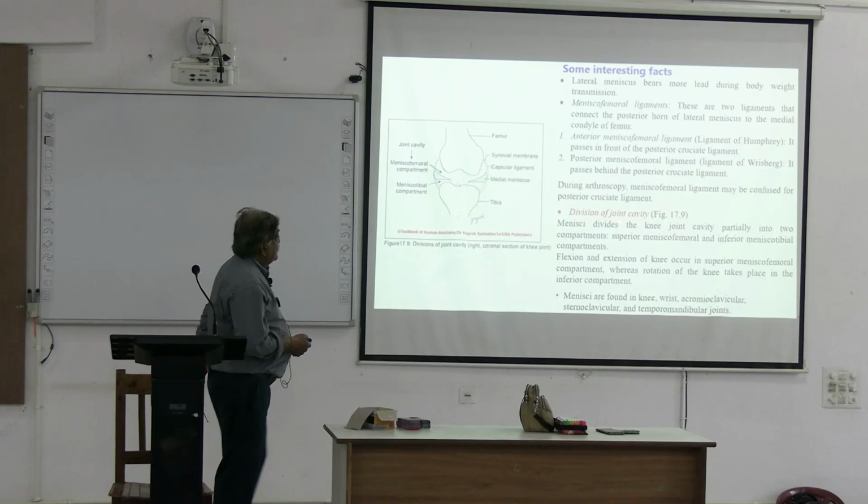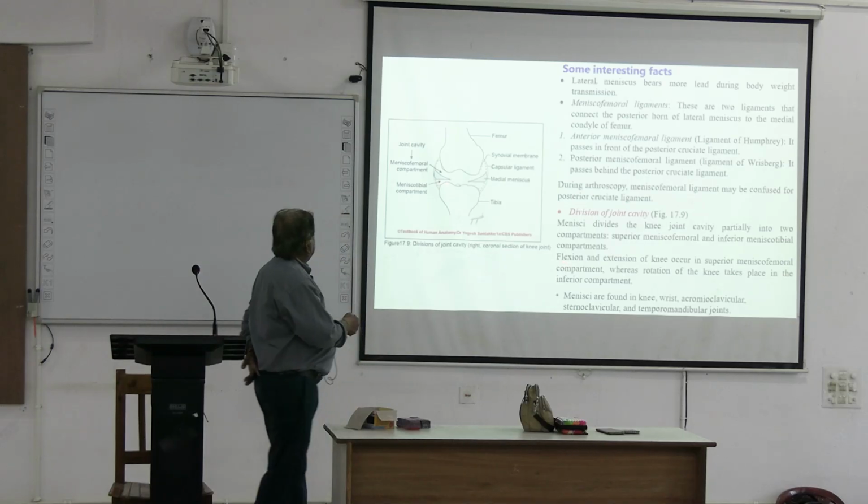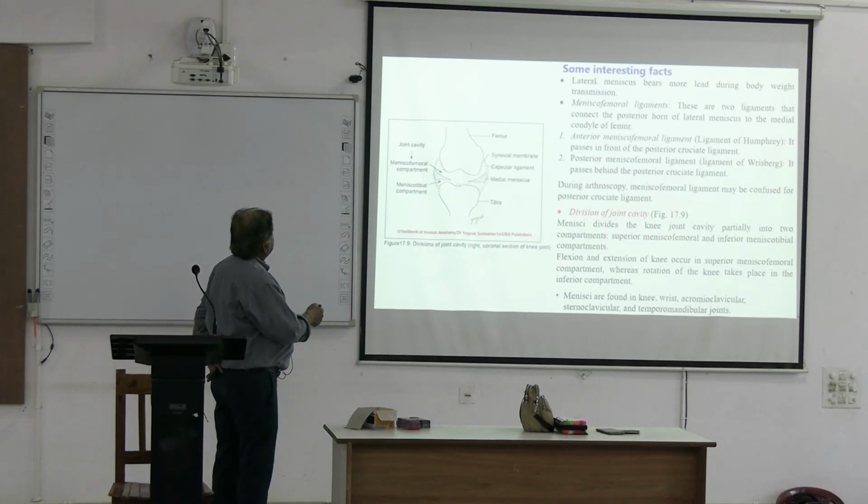Now, division of the joint cavity: the menisci divide the knee joint cavity partially into two compartments, superior meniscofemoral and inferior meniscotibial compartment. Here is the meniscofemoral compartment and here the meniscotibial compartment.